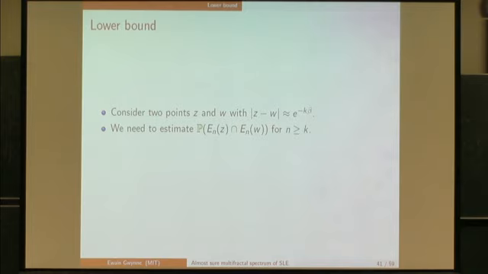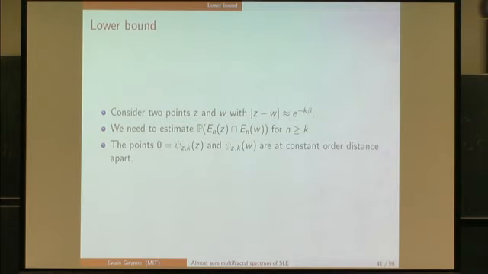So we consider 2 points z and w whose distance is approximately e to the negative k beta for some fixed k. And we need to estimate the probability of En of z intersect En of w for n greater than or equal to k. And then this will lead to the desired estimate on the correlation between our events in terms of the distance between the points.